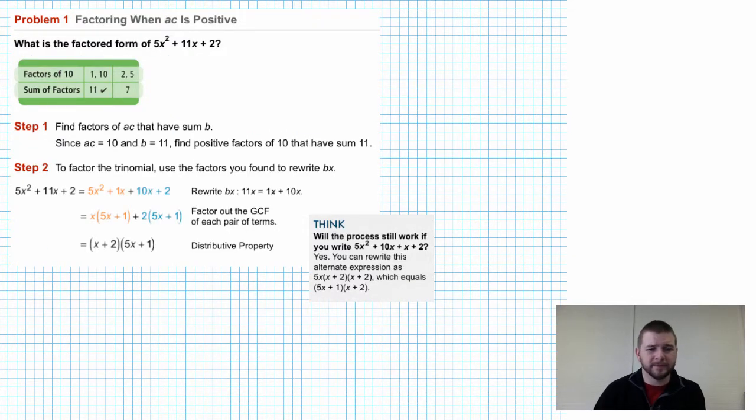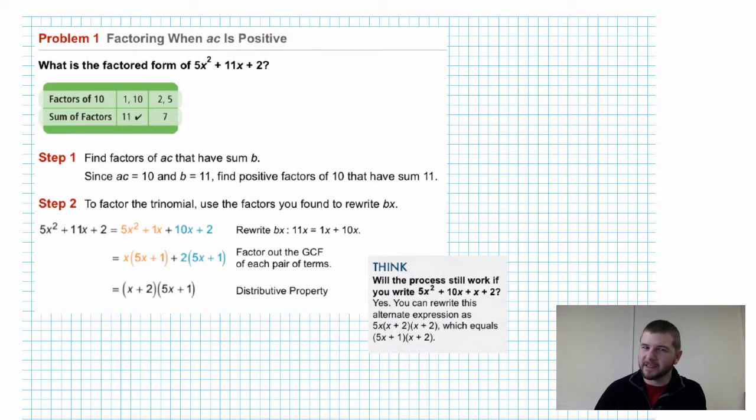Example problem number 1. What is the factored form of 5x squared plus 11x plus 2? Well, following the book's examples, we can consider the factors of 10. Those are 1 and 10, and also 2 and 5. We're considering factors of 10 because 10 is the product of our values for a and c. 5 times 2 is 10.